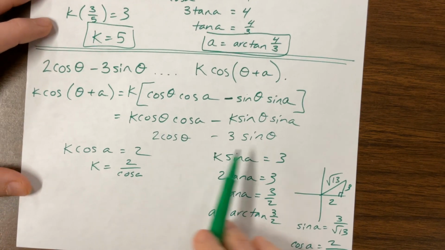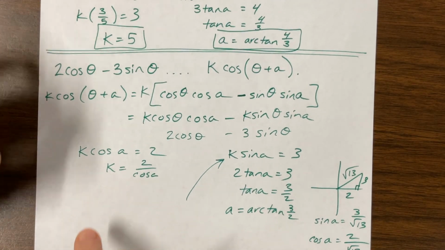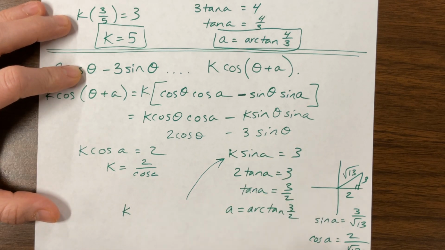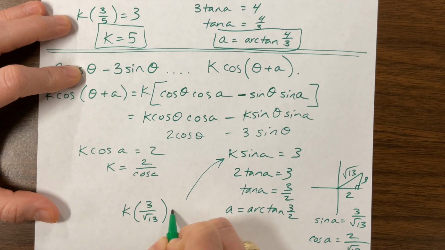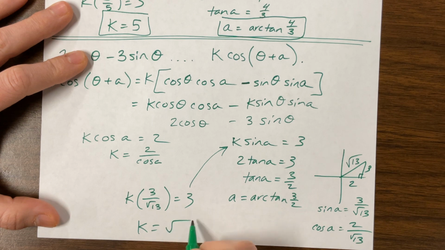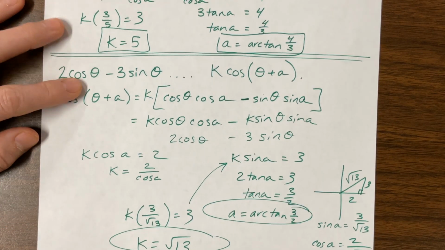Let's come back to one of those equations. Let's do the sine one, because a minute ago we used the cosine. So I have k times sine of A, which is 3 over root 13, is equal to 3. Hopefully you can see that k would have to equal root 13. And so there's A and there's k.